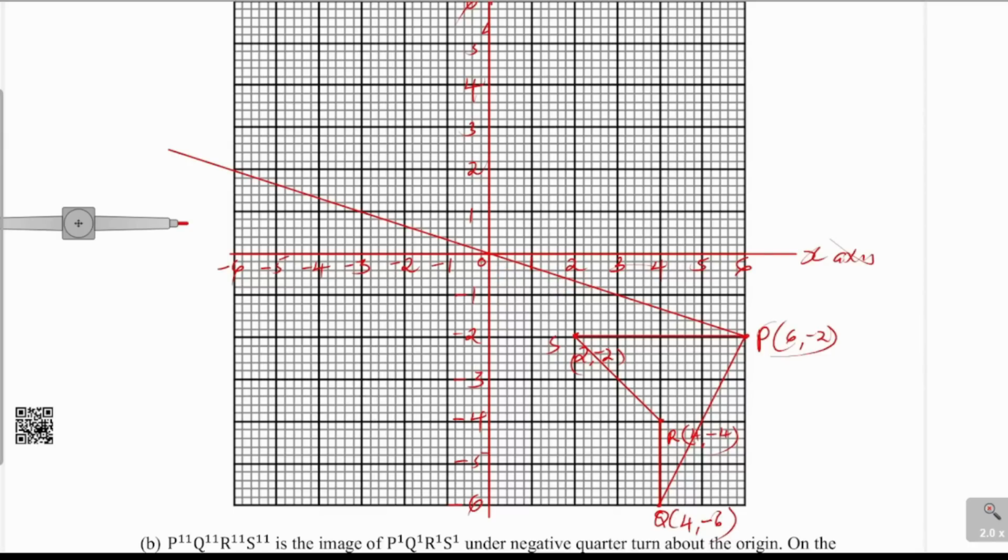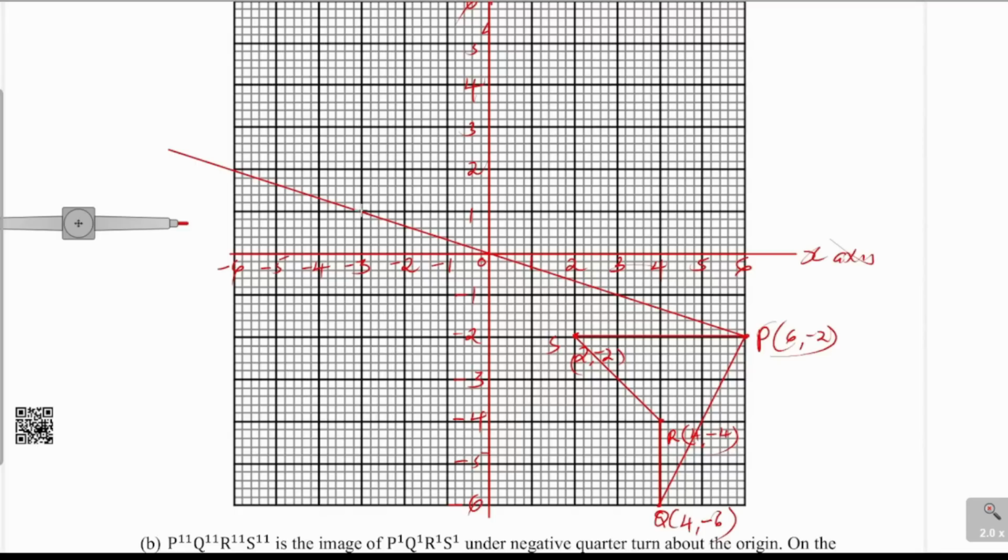And since the enlargement factor is -1/2, we are going to divide that by 2. What is half of the 6 squares? That is 3 squares. So from the origin, we are going to count 3 squares along that straight line, 1, 2, 3. So you're going to have the image of P here.